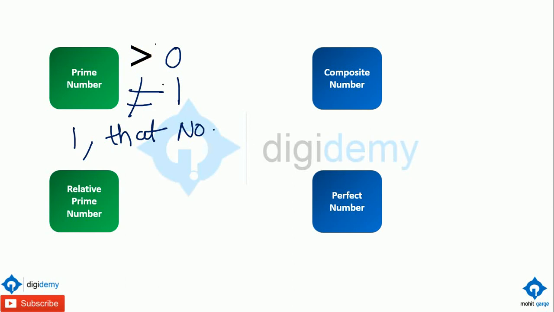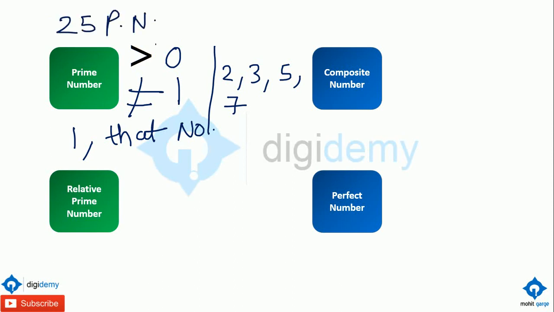So they are called prime numbers. You must be knowing this concept since the school time. So prime numbers are 2, 3, 5, 7. These are the prime numbers. So what you need to remember is there are 25 prime numbers in 1 to 100. This is to be remembered.